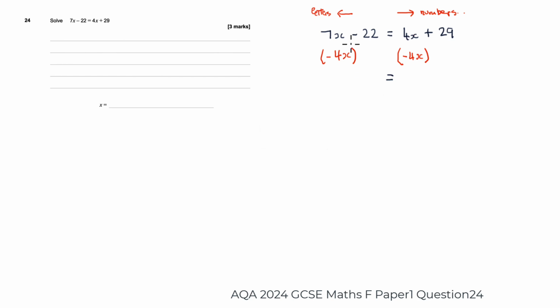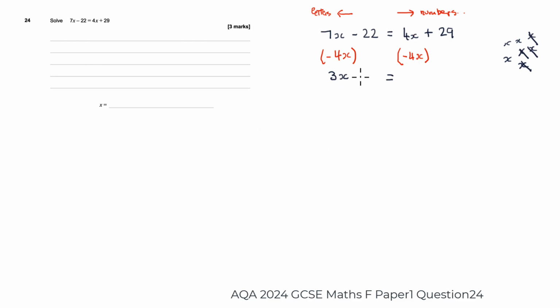So let's do that. If we have 7 x's and we take away 4 x's, what will we be left with? Well, we'll still have 3 x's left. 7 of them, 1, 2, 3, 4, 5, 6, 7. There's 7 of them, and we have to take away 4 of them. 1, 2, 3, 4. There's the 3 x's. That's what this means. 3 x's are left.